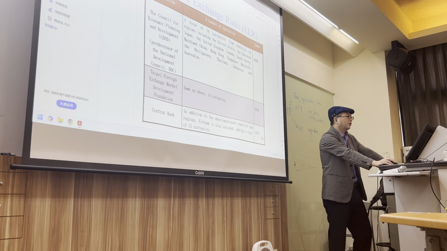Back in 2000, the government referred to a couple of important currencies, such as the currencies from countries or regions including the United States, the Eurozone, Japan, the United Kingdom, Canada, South Korea, mainland China, Hong Kong, Singapore, Malaysia, Philippines, Thailand, Indonesia, and Australia.